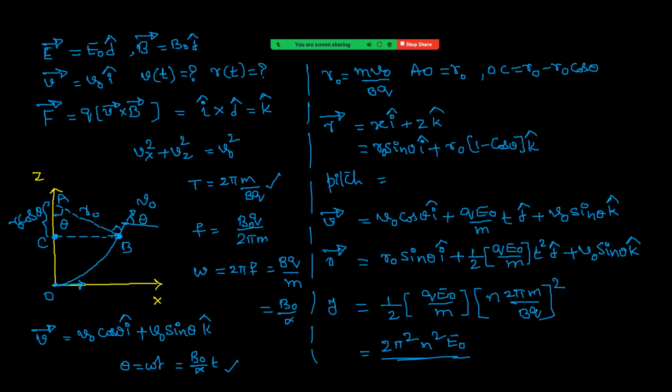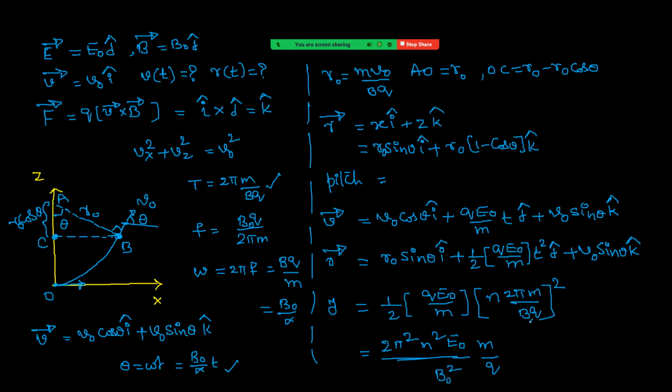Next, coming to here, we have m square, and one m is there, remaining m is there, q, this q square by q. It is now b naught square.